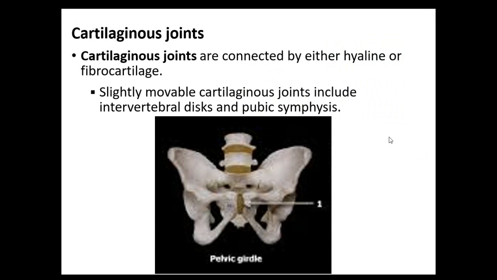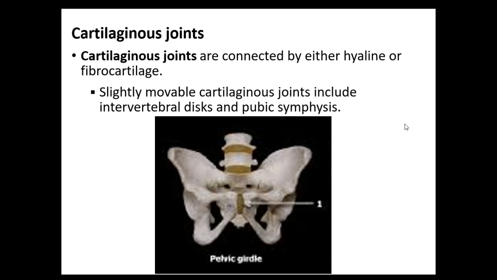There's a hormone in pregnant women called relaxin, and it relaxes this joint. It makes this cartilage more flexible, especially for childbirth, for the baby to come out through the birth canal. Those hip bones can move a little bit relative to each other, can flex a little bit more.